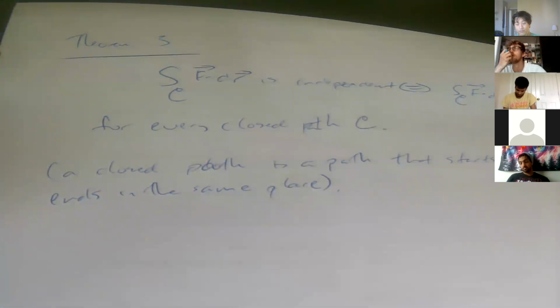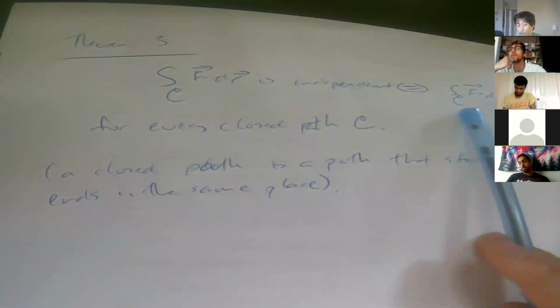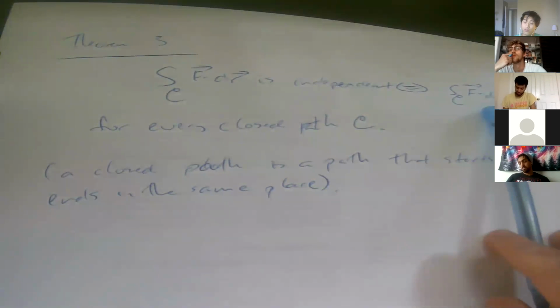We already know that conservative vector fields have this property. So conservative vector fields are path independent. And if I have a conservative vector field, any closed loop will produce 0.